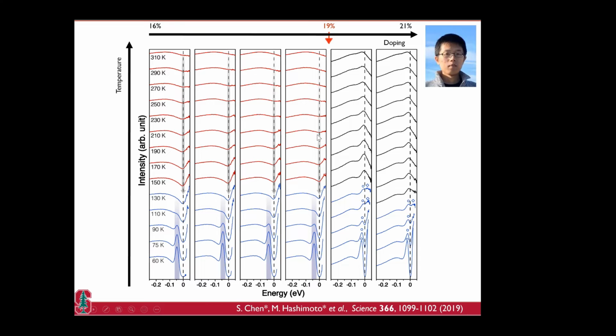Also, to the point of Nigel Hussey's talk earlier this week, you see that this feature, what looks like a peak we'll call the quasi-particle, is still pretty broad after the chemical potential.